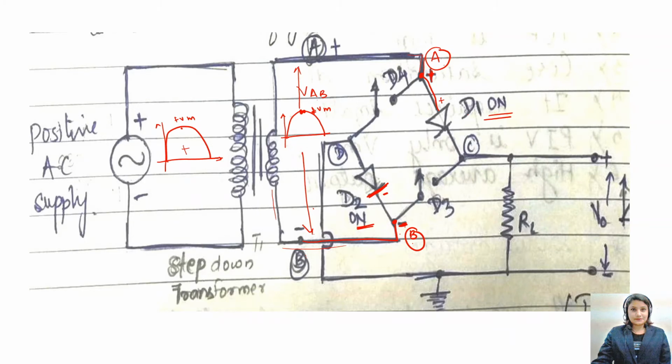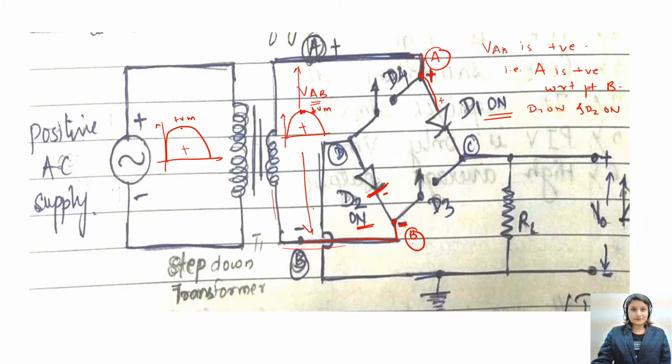And that is the reason when we apply positive cycles between the points A and B, your voltage VAB is positive. That means your point A is positive with respect to point B, and hence D1 is on and D2 is also on.